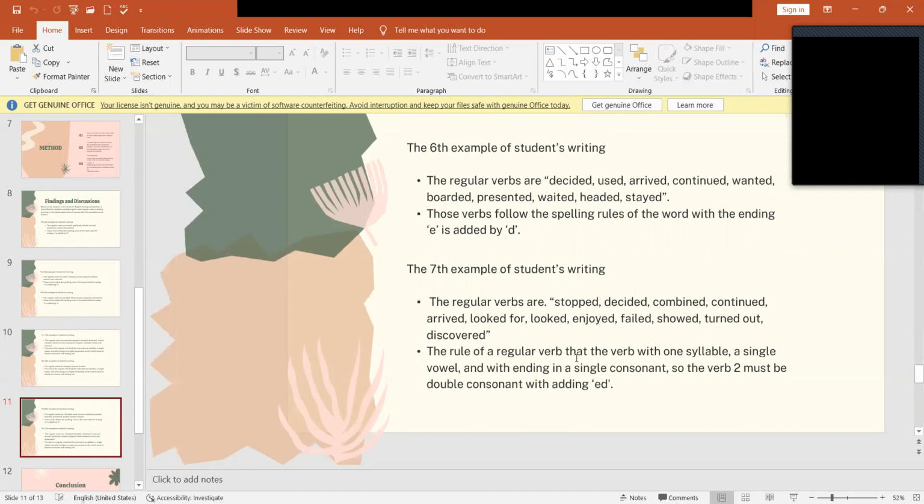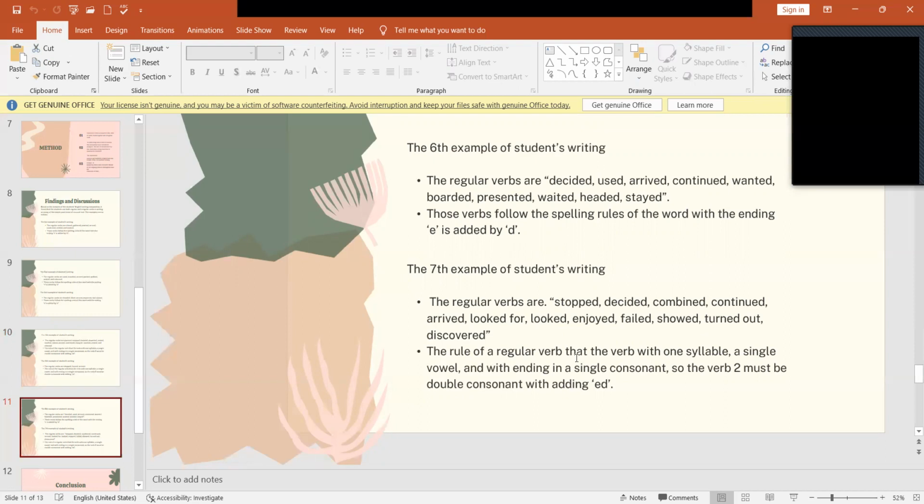Those verbs follow the spelling rule of words ending in E, which are added with D. For example, the verb is decide, changing into verb 2 decided, and verb 1 is use, then changing to verb 2 used.